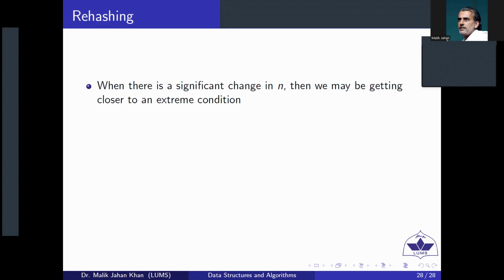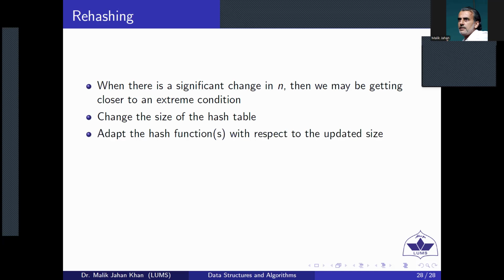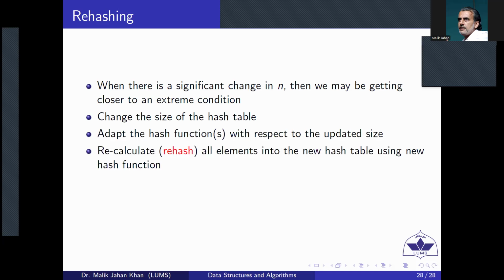Rehashing is essentially a maintenance activity of the hash table: change the size of the hash table, adapt the hash function with respect to the new size, and rehash, or recalculate the indexes for all elements, and insert them from scratch in the new hash table. But this is not a frequent activity. This is the kind of activity which happens at the back end to optimize the performance of your hash table.